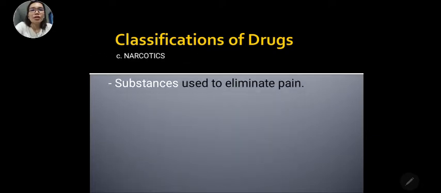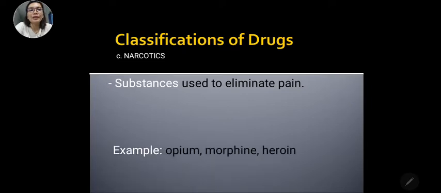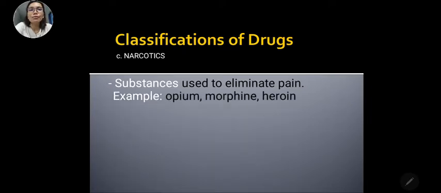So, next are narcotics. These are substances that are used to eliminate pain. Examples are opium, morphine, heroin. So, usually, ginagamit din to sa hospitals. Yung opium, morphine, and heroin para sa treatment ng patients with pain na nararamdaman. For example, after an operation, painful operation, magte-take sila ng pain medication.